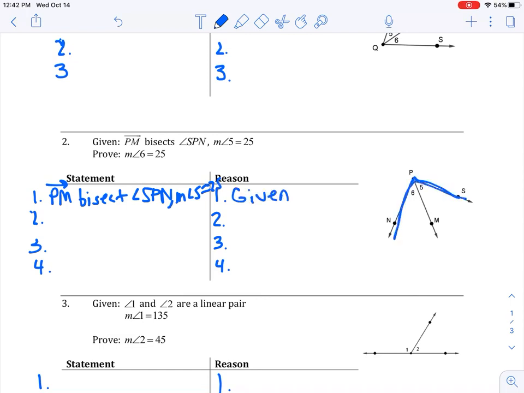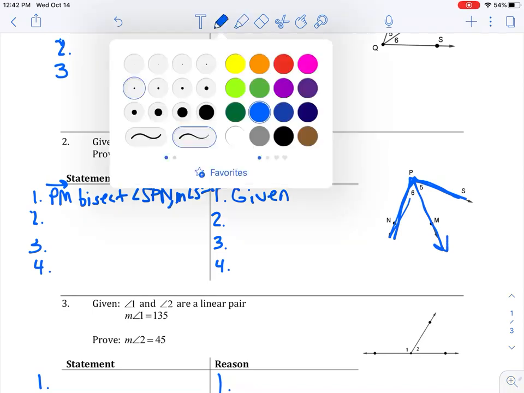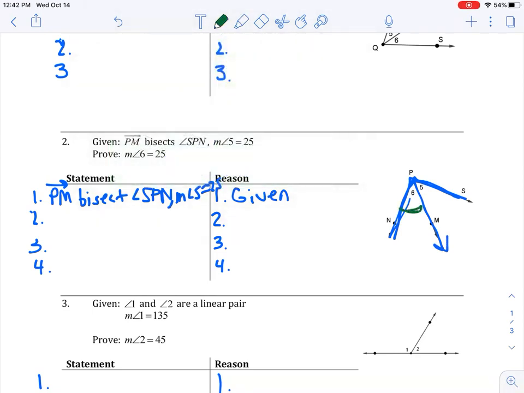SPN is that angle. We know that ray PM bisects it. Bisectors mean that it cuts our angle in half. We're going to use that. And we also know the measure of angle 5 is 25.